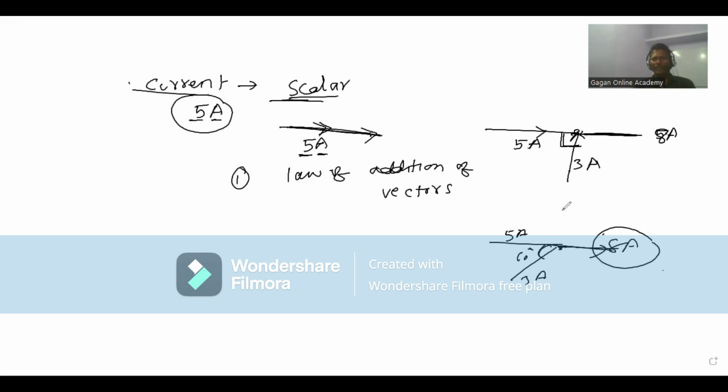So here these are not following law of addition of vectors. I will be discussing this concept in next classes, right? So the current is not obeying law of addition of vectors. I will explain in the next class. So current is not a vector quantity. It is a scalar quantity. Reason is it doesn't follow law of addition of vectors.